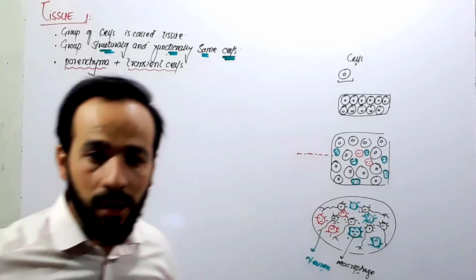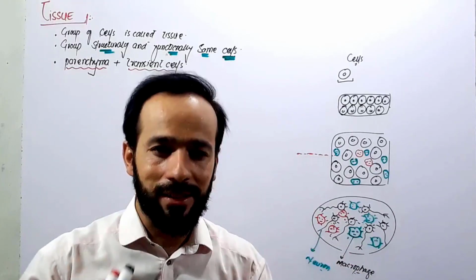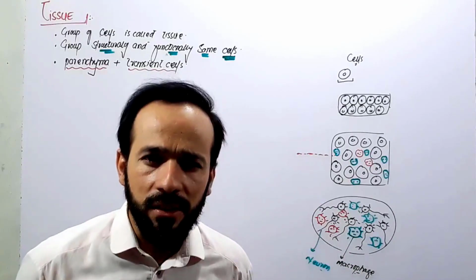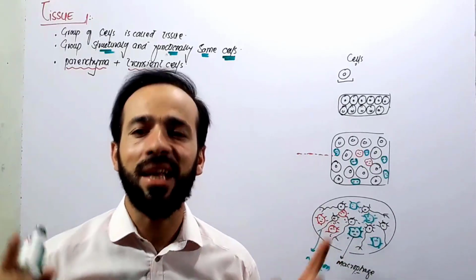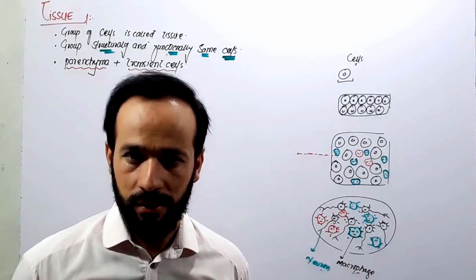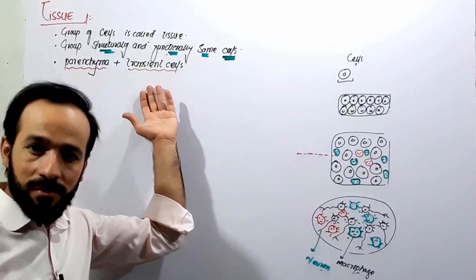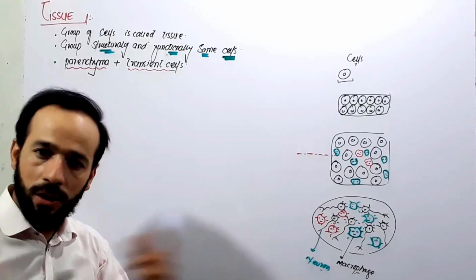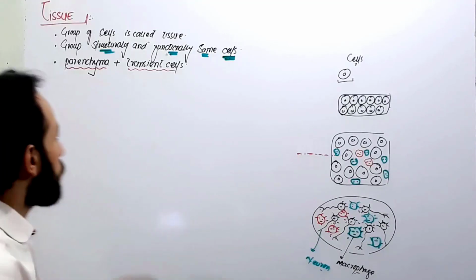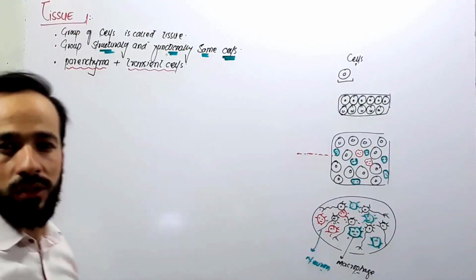And what is parenchyma? Parenchyma is the original cells, the permanent residence of that tissue. They will remain there, they will not go anywhere. And the transient cells can go out and come back, right? So this is the definition of the tissue.